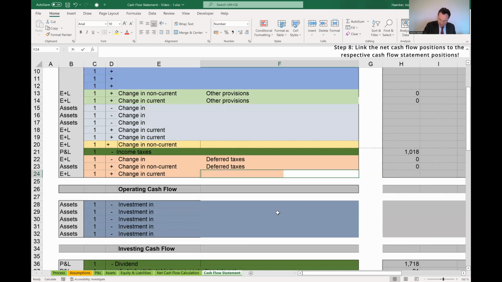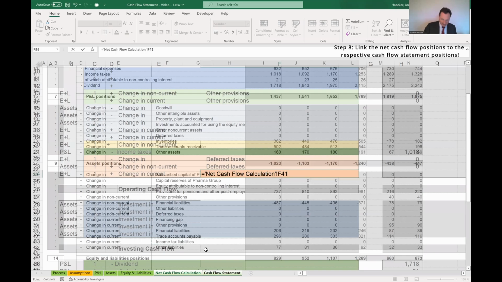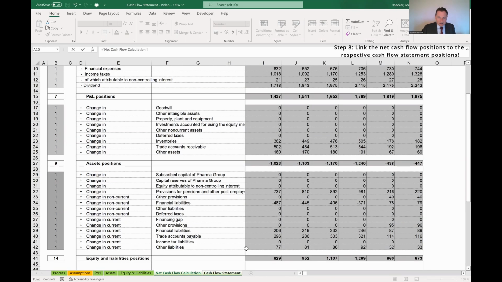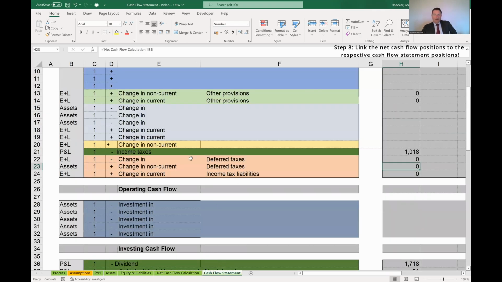And finally, the change in current income tax liabilities. So my income tax liabilities, the change is also 0.